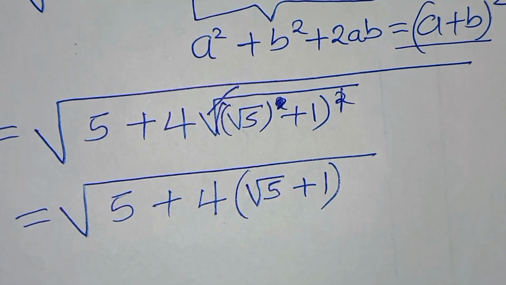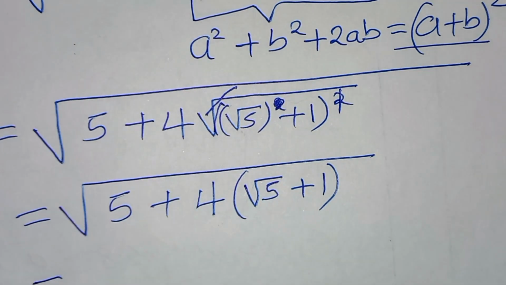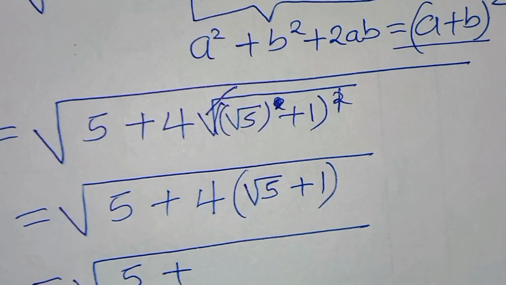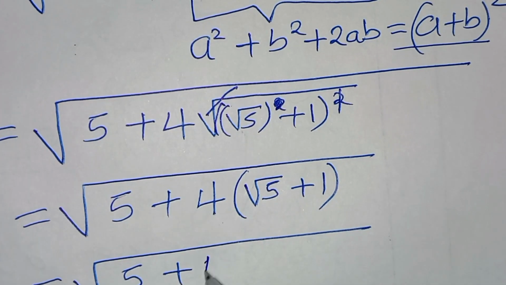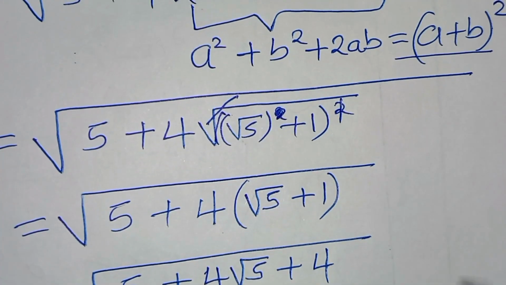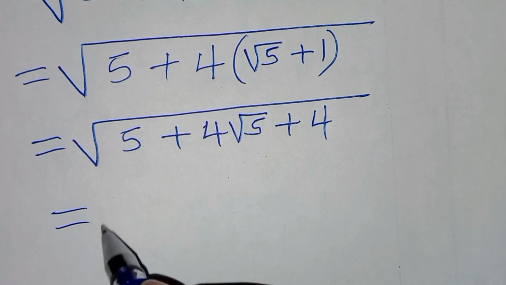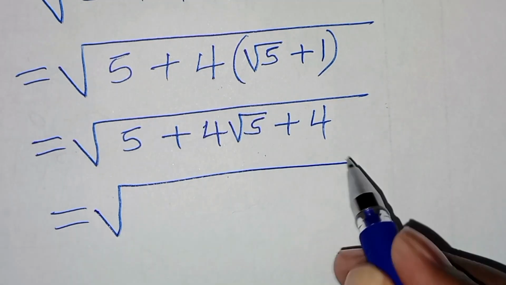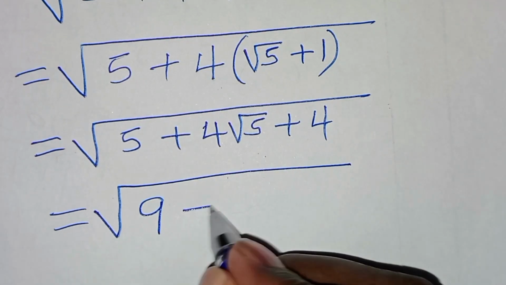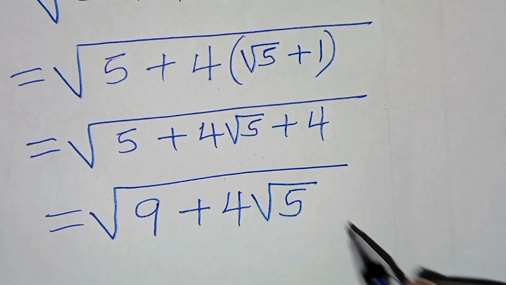Now the next step from here, we have that this is the square root of 5 plus, now this is 4 times square root of 5, this is 4 square root of 5, then plus 4. So the next step is that we have the square root of 5 plus 4, which is equal to 9, then plus 4 square root of 5.